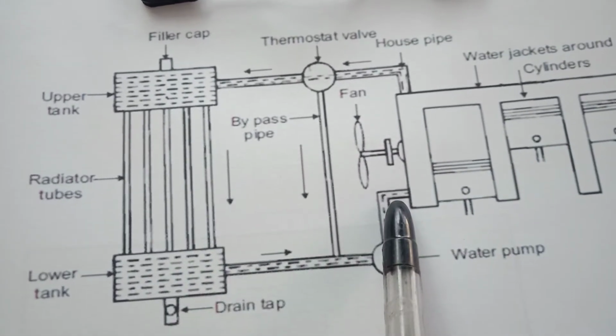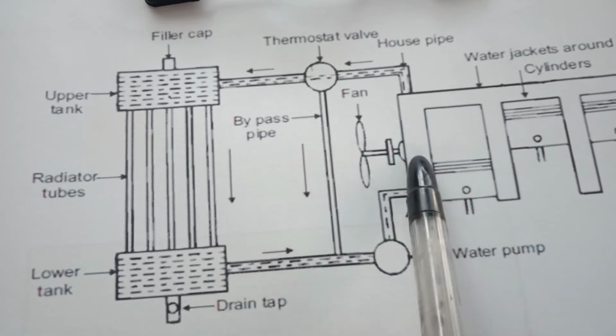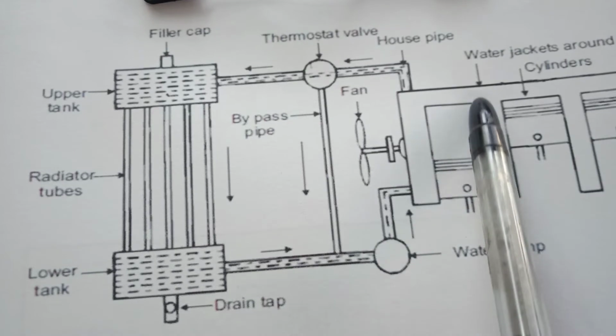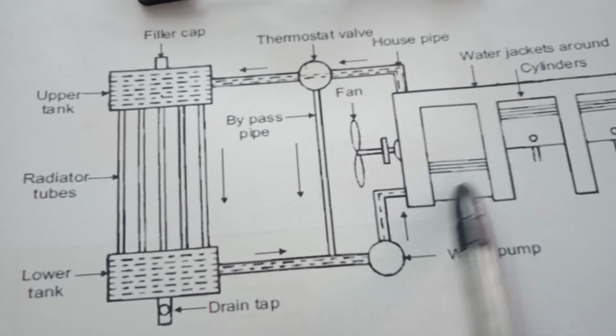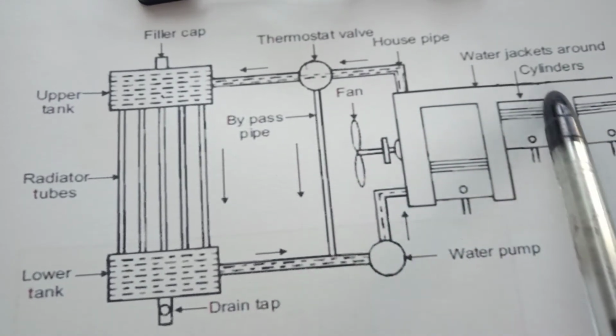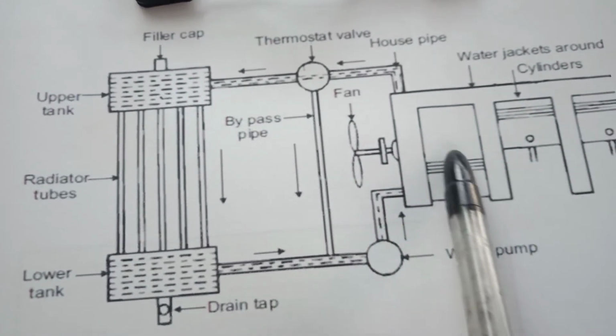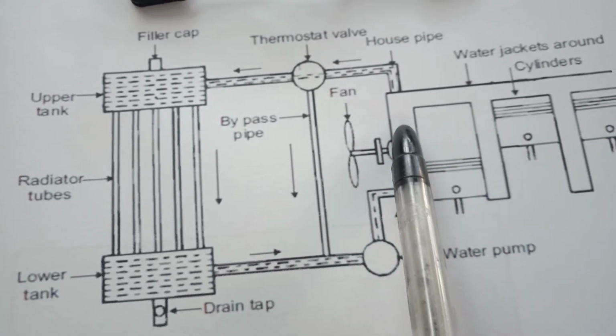So this is the typical circuit diagram of a water cooling system, in which around this 3-cylinder head there is a water jacket, that is, water is present around the periphery of each cylinder, so that there is a transfer of heat from the combustion chamber to the water.